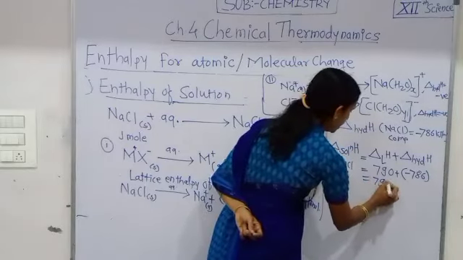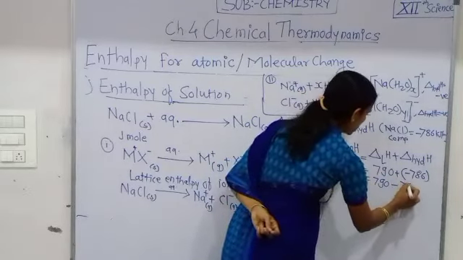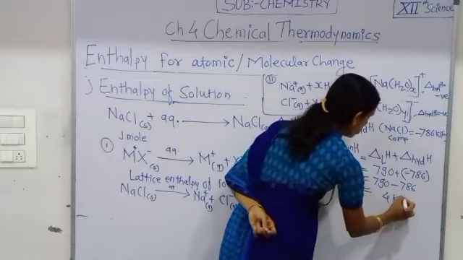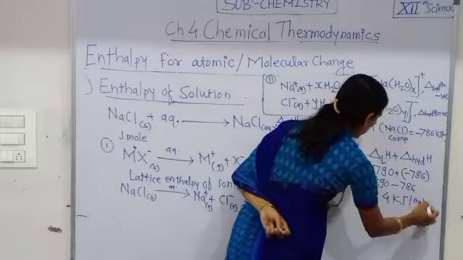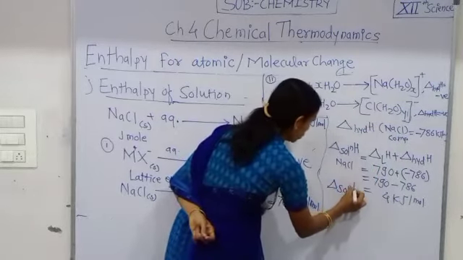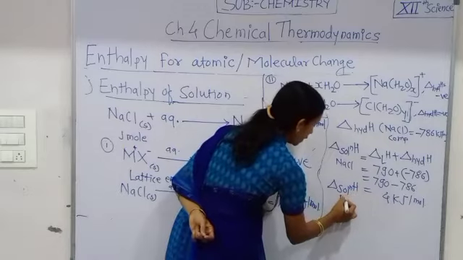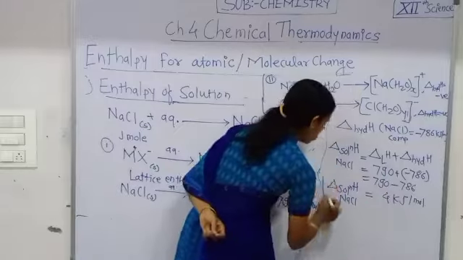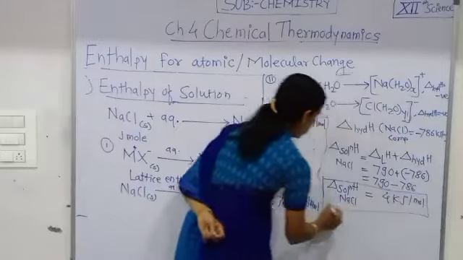Then 790 minus 786 is 4 kilojoule per mole. That means the enthalpy of solution of NaCl is 4 kilojoule per mole.